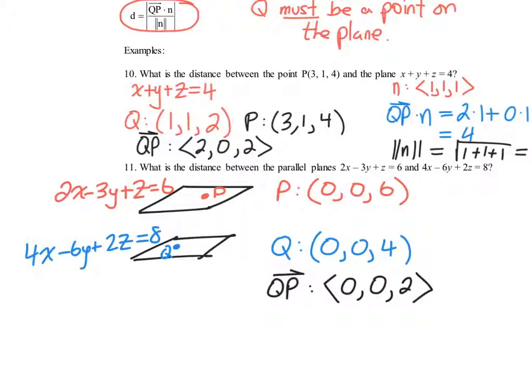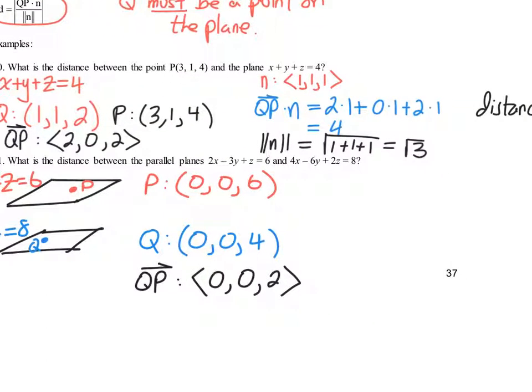I need the normal vector associated with the plane whose point I designated as Q. That's how the distance formula works: Q must be a point on that specific plane. Q came from the plane 4x minus 6y plus 2z, so that's the plane that we would designate as having the normal vector n.